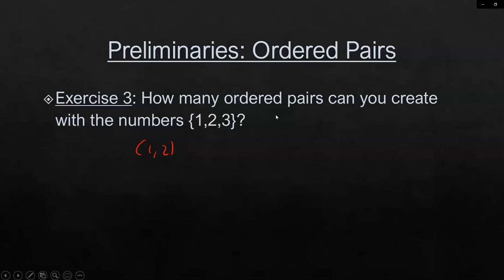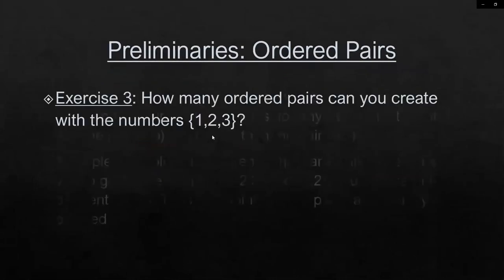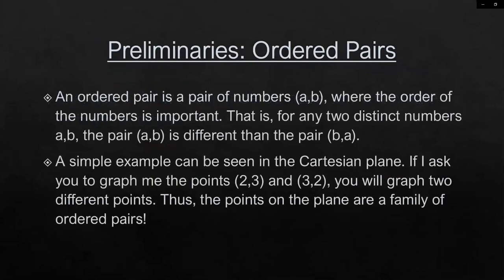You don't remember talking about ordered pairs? Well, what we said about ordered pairs was that when we have a pair, the order makes it quite different. If I gave you this point, for example, it would be quite different from this point right here.